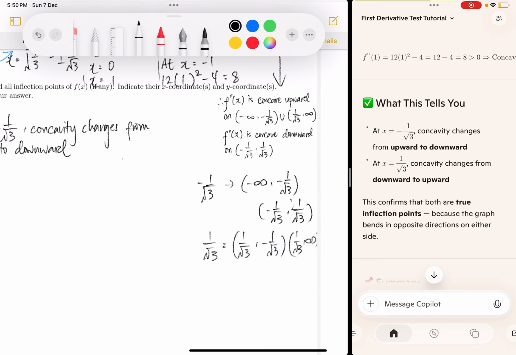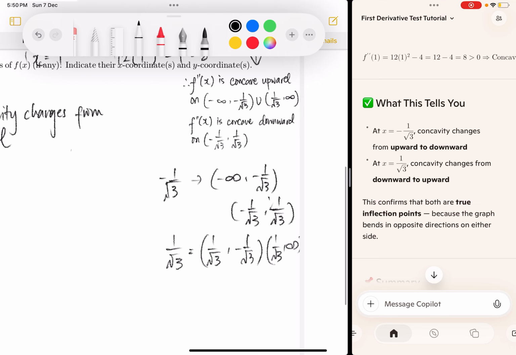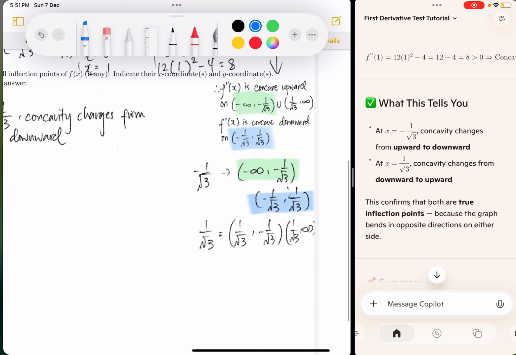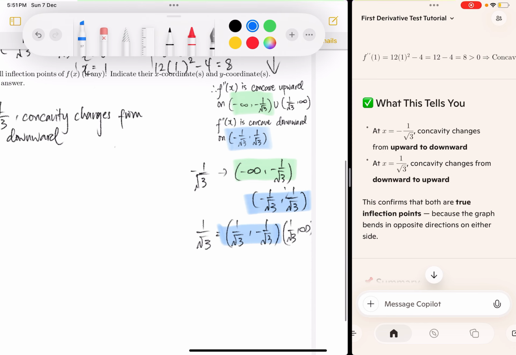So why are we saying that this thing is concaving upward to downward? Because this thing is upward. Then from here it becomes downward. On the other side, this is downward, and then it became upward. Sorry.